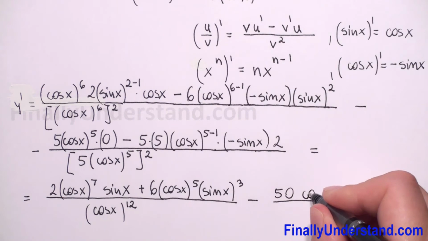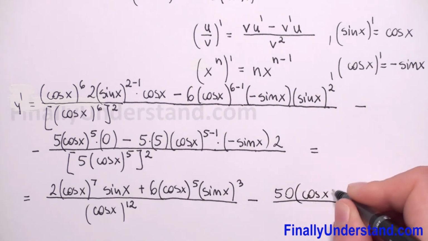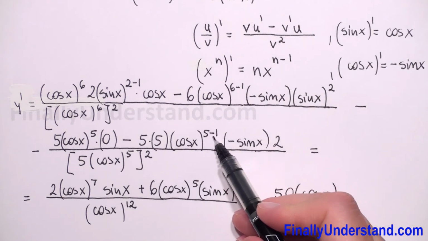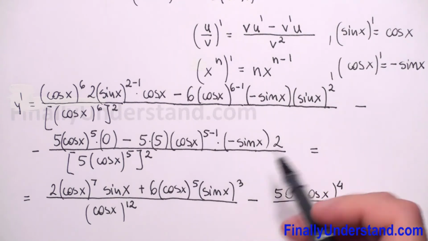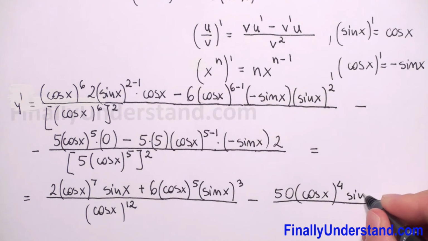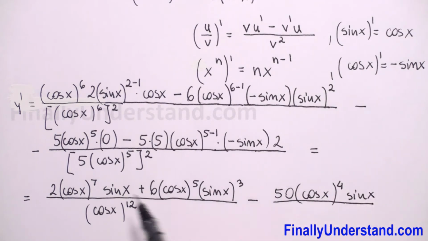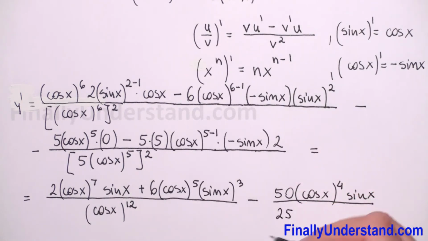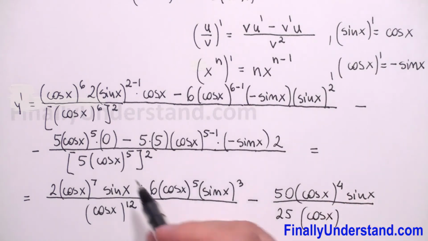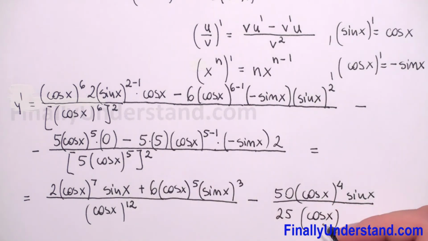We have cosine of x to power 5 minus 1 is 4 times sine of x over, and we take 5 to the second power, it will be 25 times cosine of x, power to power, so we multiply 5 times 2 is 10. This is equal.